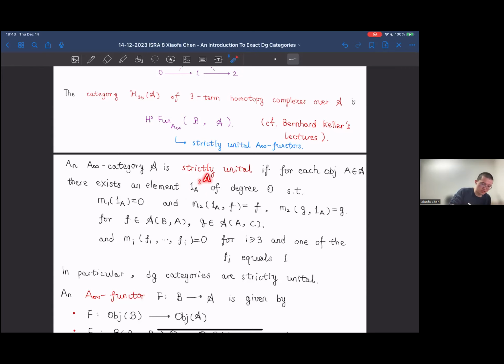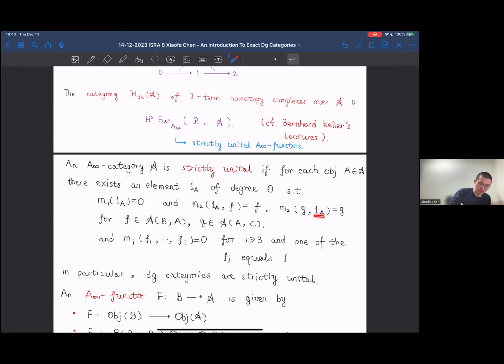is from A to A, and is of degree 0, such that the differential is 0, and its composition with any map is that map, so composable with it.